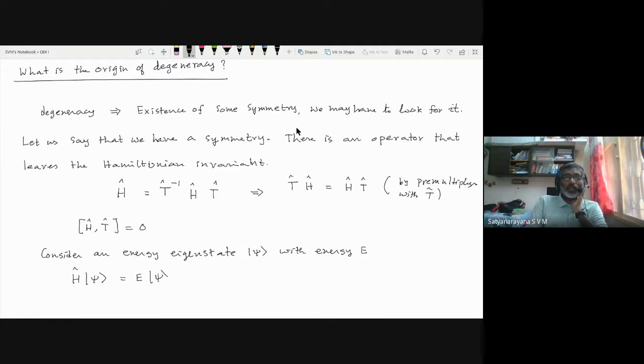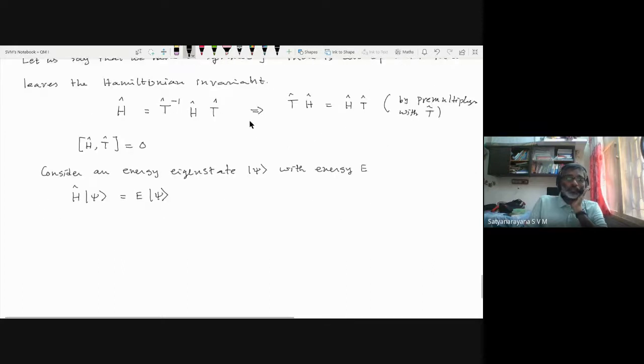I'm not writing any particular sub-index here because this is a general argument.